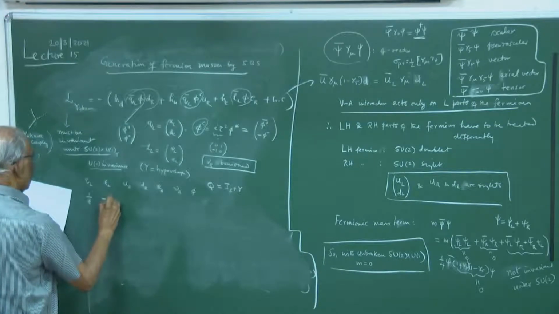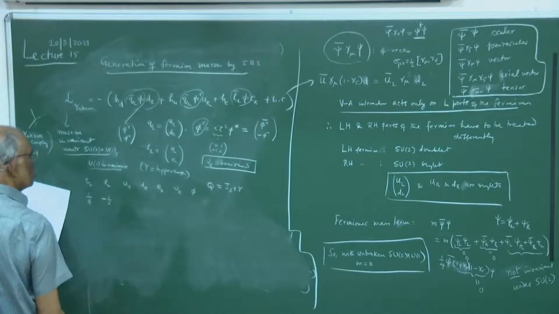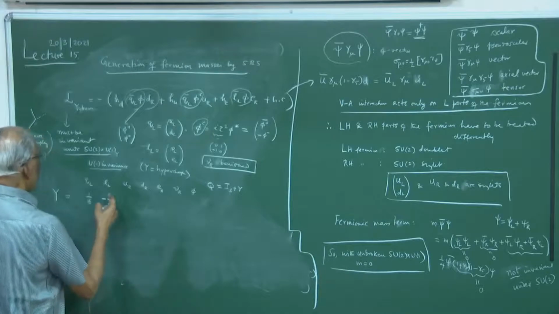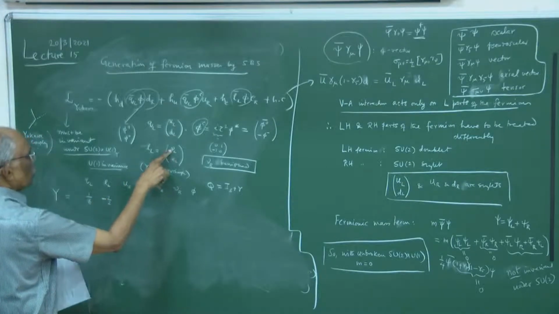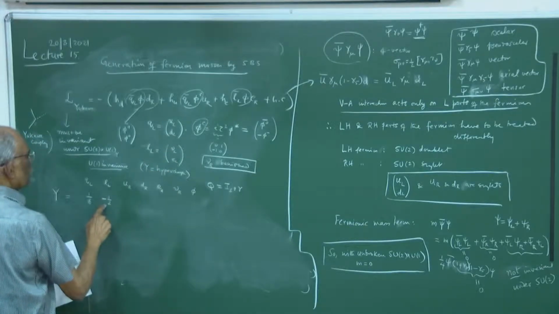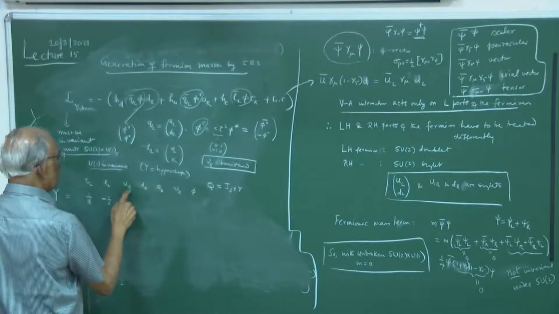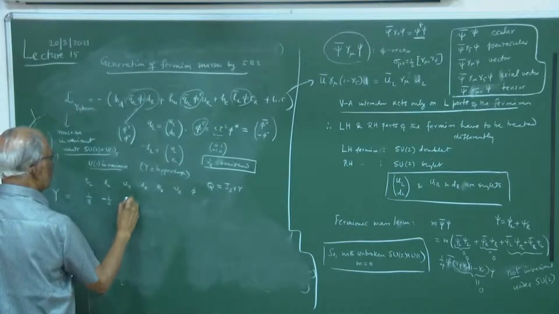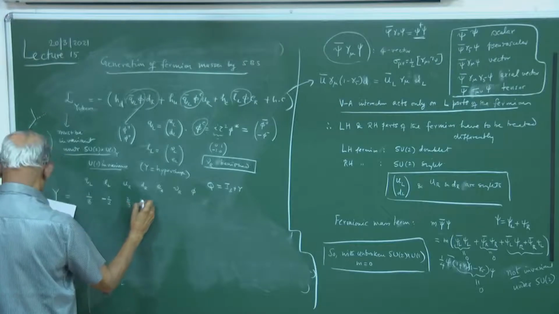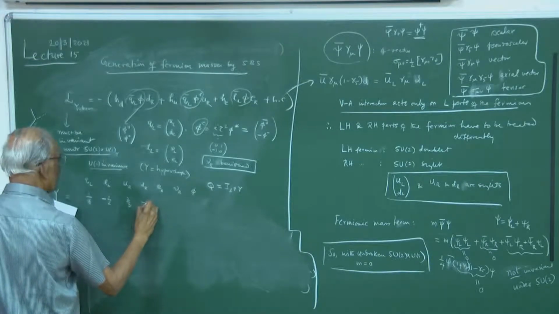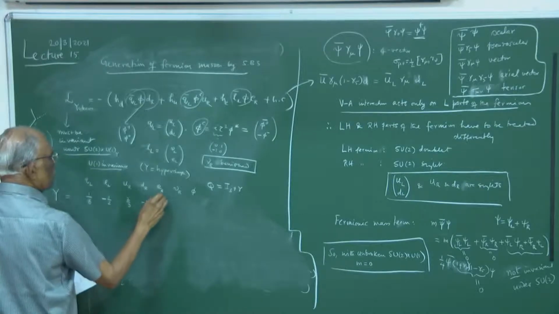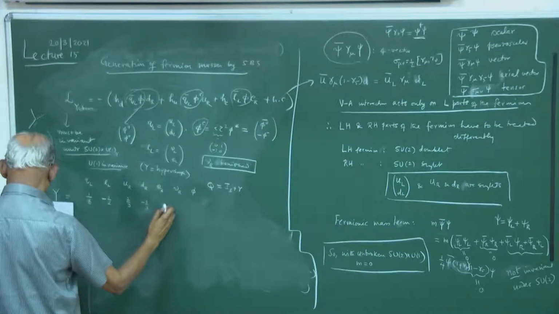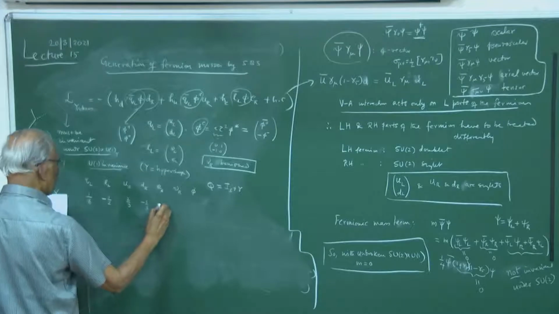For LL, similarly, it will be minus half, because let us take the neutrino. Neutrino has charge 0 and I3 equal to plus half. So to cancel that, minus half. And U is plus 2/3 and I3 is 0, so this will be 2/3 only. Similarly, DR will be minus 1/3. For these, the hypercharge is the same as the electric charge. For ER, again put minus 1, you will get here minus 1.